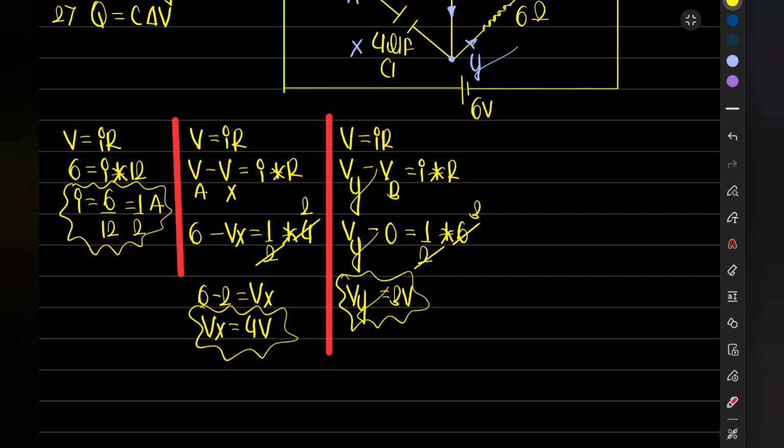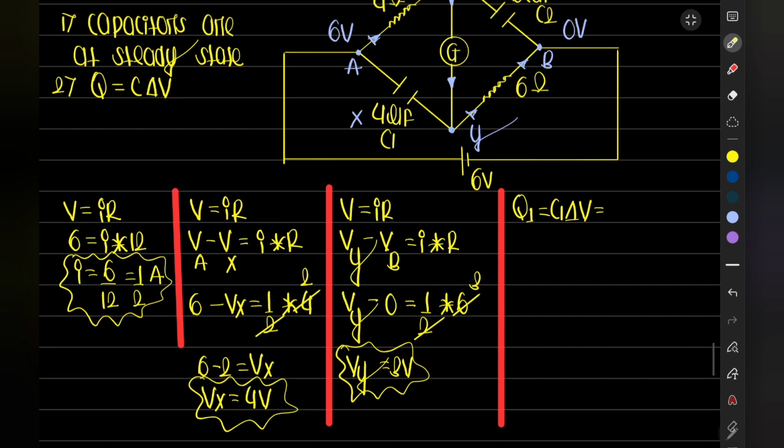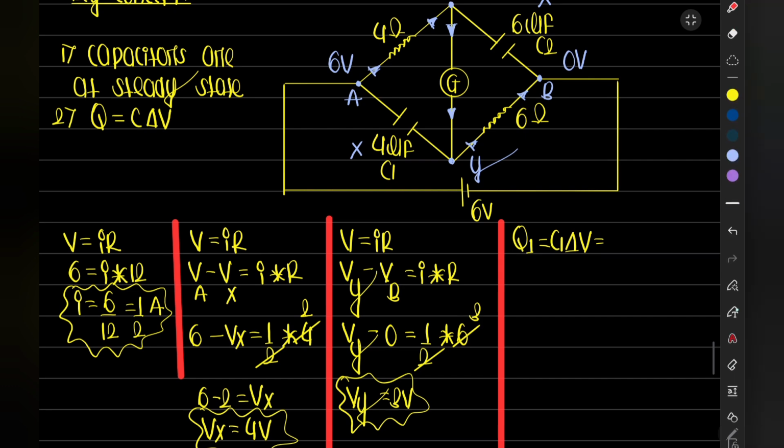Now we have the values, so we can easily find the charges stored in the capacitors. One by one we will find them. First I will find Q1, the charge stored in capacitor C1, which is C1 into delta V. Along this path the potential difference will be 6 minus the potential at Y, which is 3 volt.